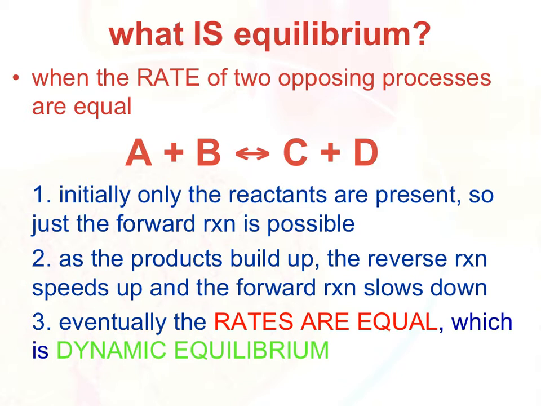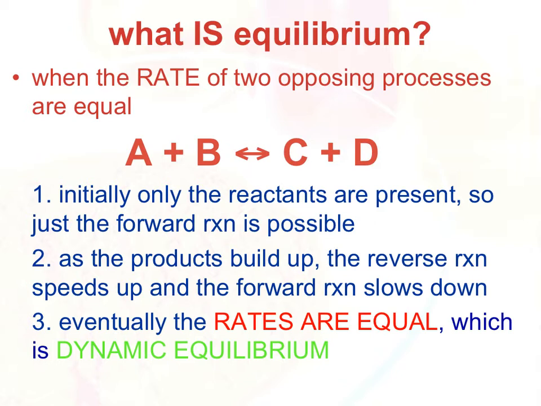Now, what ends up happening is that as we progress forward in this reaction to produce C and D, the rate of the reaction is going to be decreasing. Simultaneously, as we increase the quantity of C and D, the reverse process is going to increase in rate, and eventually the rates are going to become equal. Once the rate of the forward and the reverse process are equal, we're going to reach something called dynamic equilibrium.